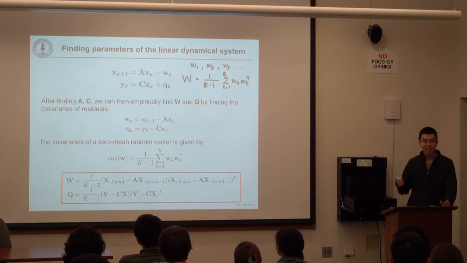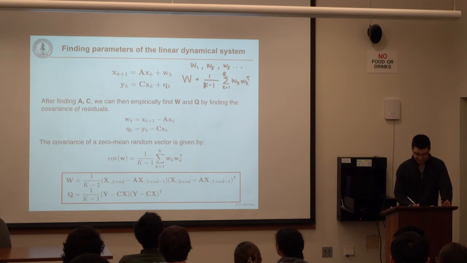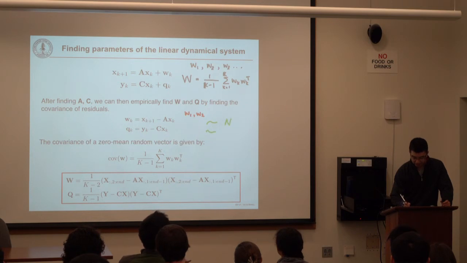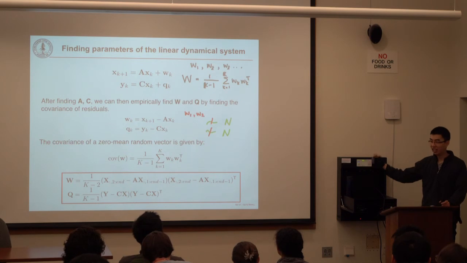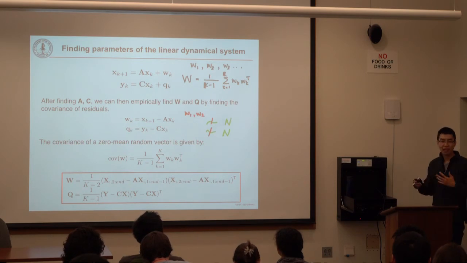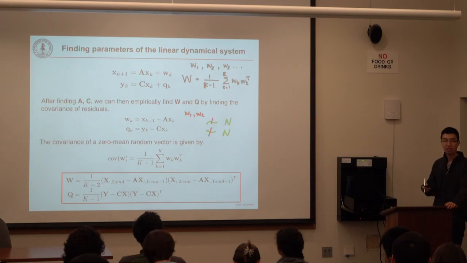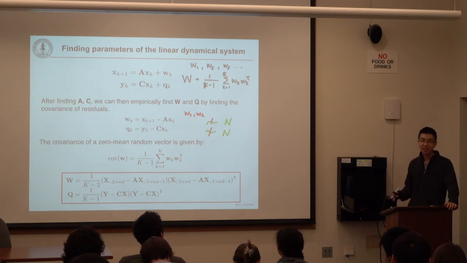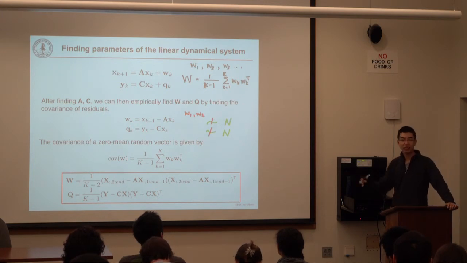And I know some of you are going to check this. If you were to look at these W1s, W2s, et cetera, and look at their distribution, you would find that they are not normal. This is just to rehash the fact that when we say these noise terms are zero mean and normal with some covariance matrix, that's an approximation that we're making so that we can use the Kalman filter.